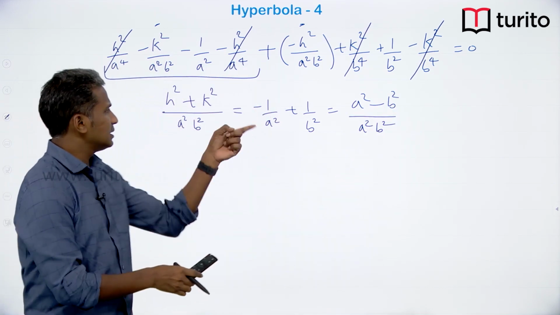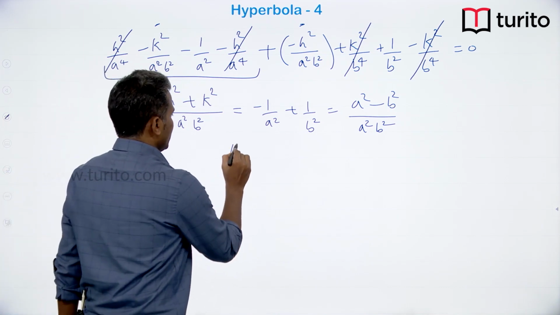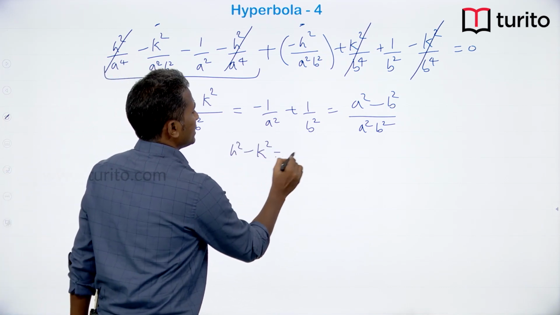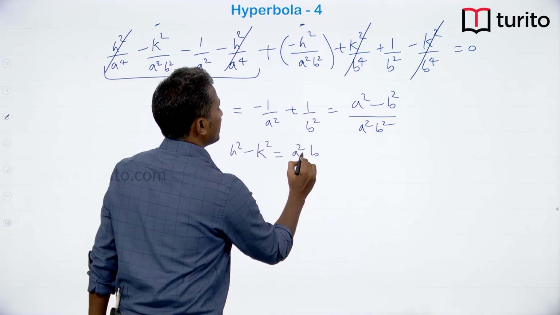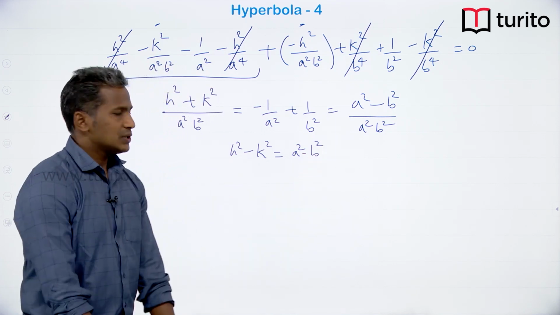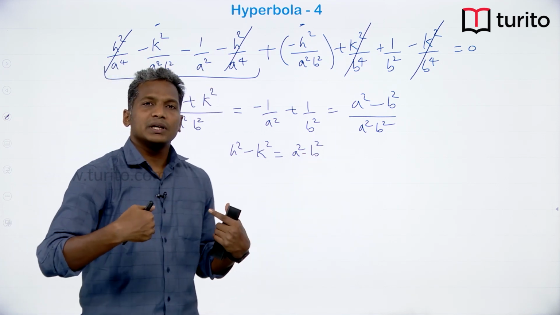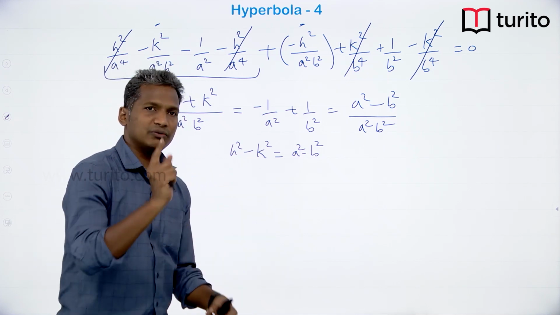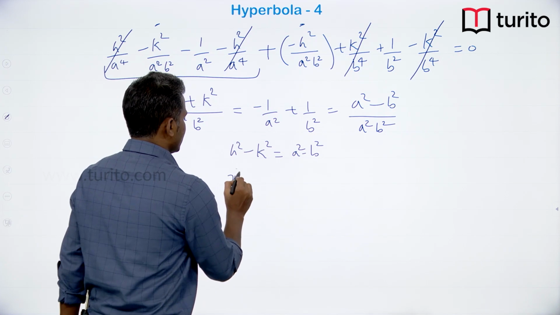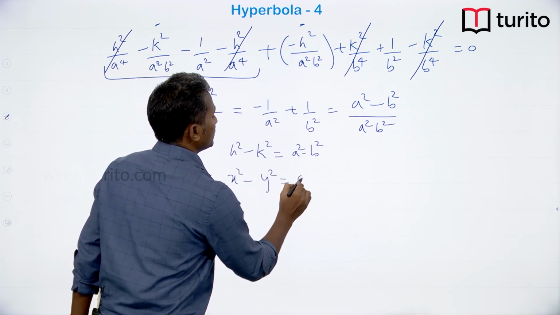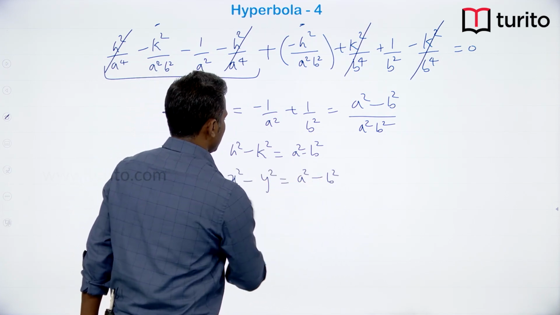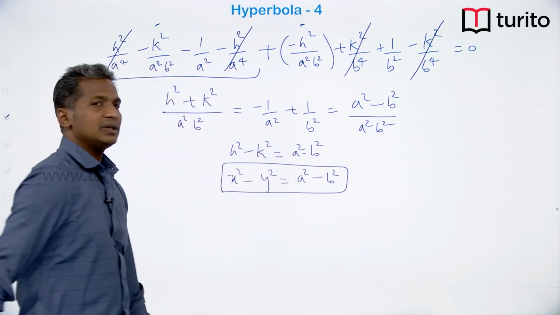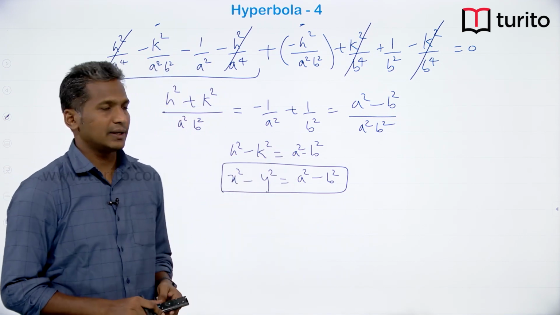Now when I cancel the denominator, what do I get? h square plus k square is equal to a square minus b square. Now what is the end step? In place of h put x, in place of k put y. So we will get x square plus y square equal to a square minus b square. So this becomes the equation of the director circle.